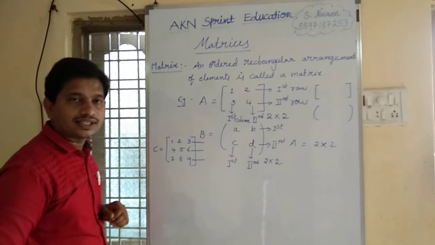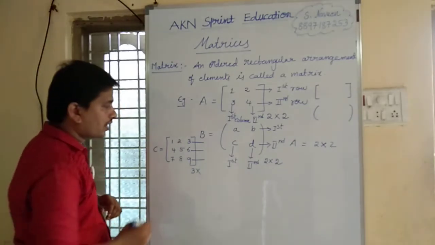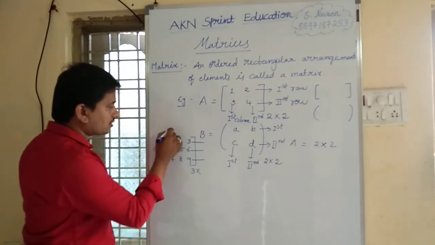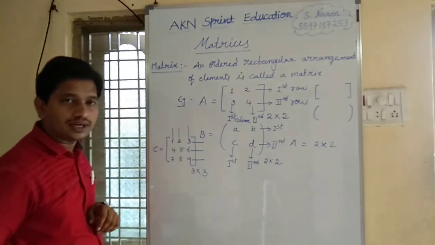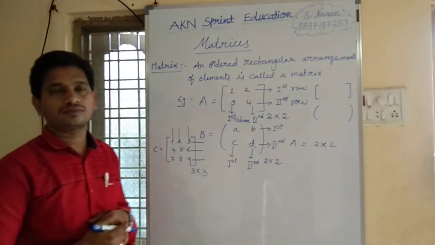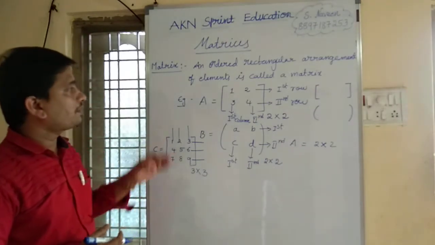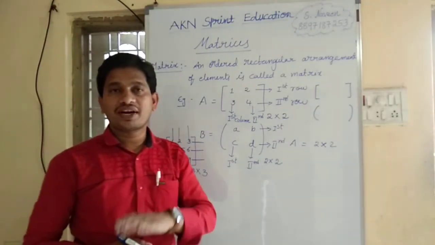Horizontal lines are called rows. And vertical lines are called columns. We have three columns. So children, what is the order of the matrix C? That is 3 by 3. Got it? So this is about what a matrix is and what the order of the matrix is.